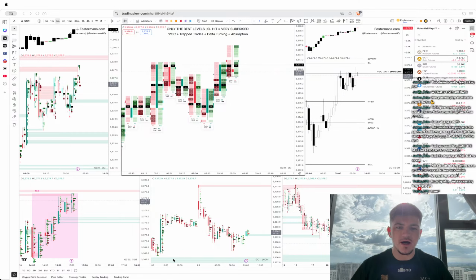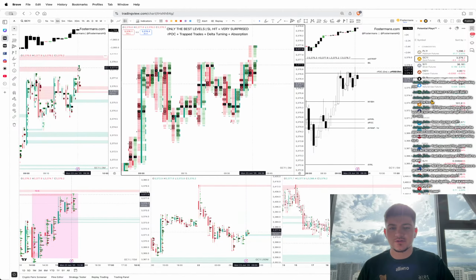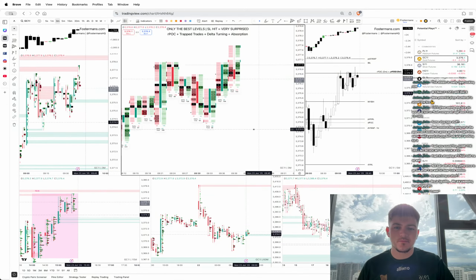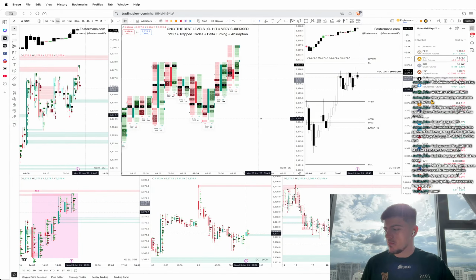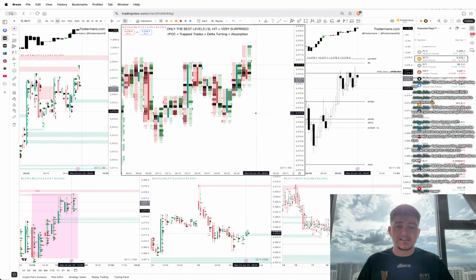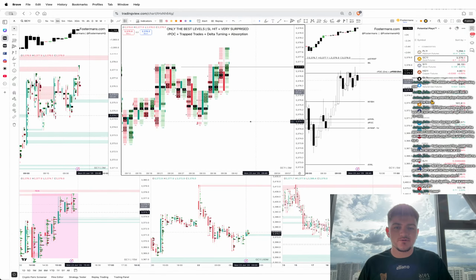Not bad, not bad. So you already see that we kind of hit that imbalance there. Okay, so like I was saying, just come up, hit that imbalance. Still hovering around this level. Again, it's not bad hovering around these levels, but like I say, taking profit really quick is key when it comes to order flow.